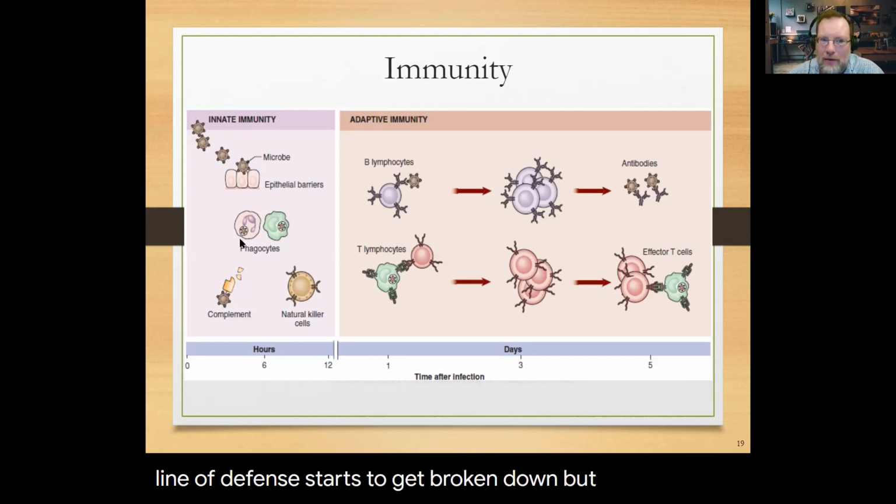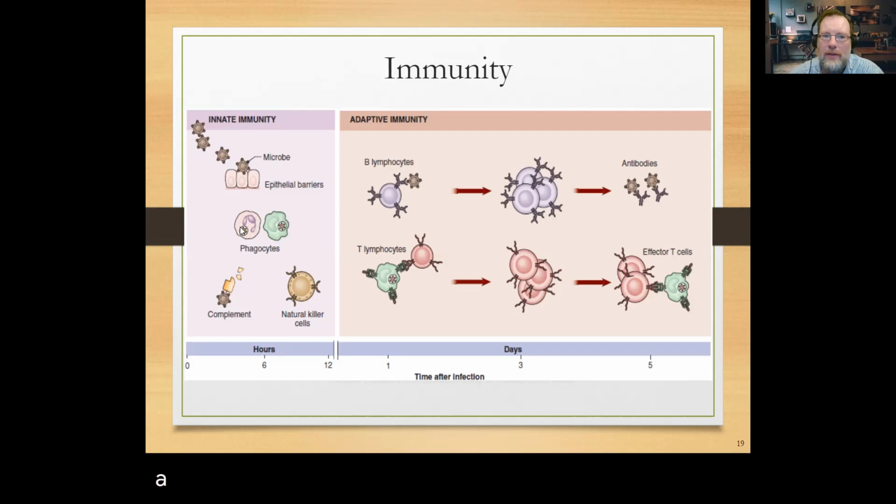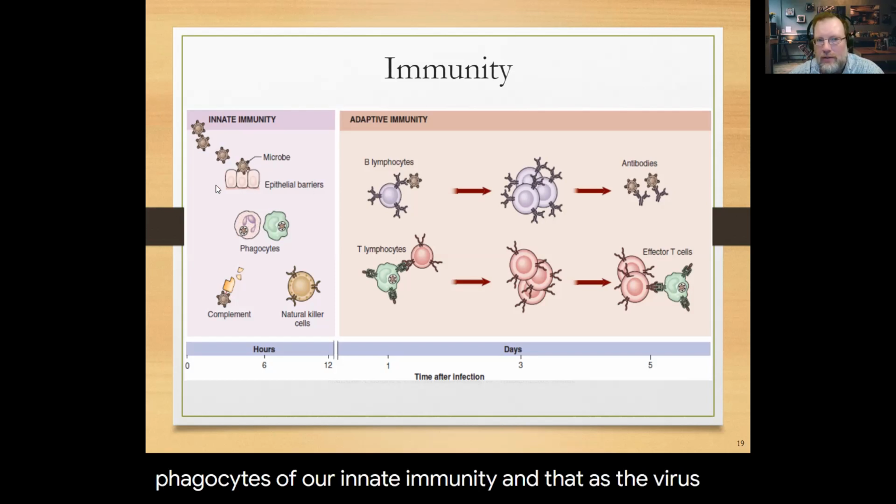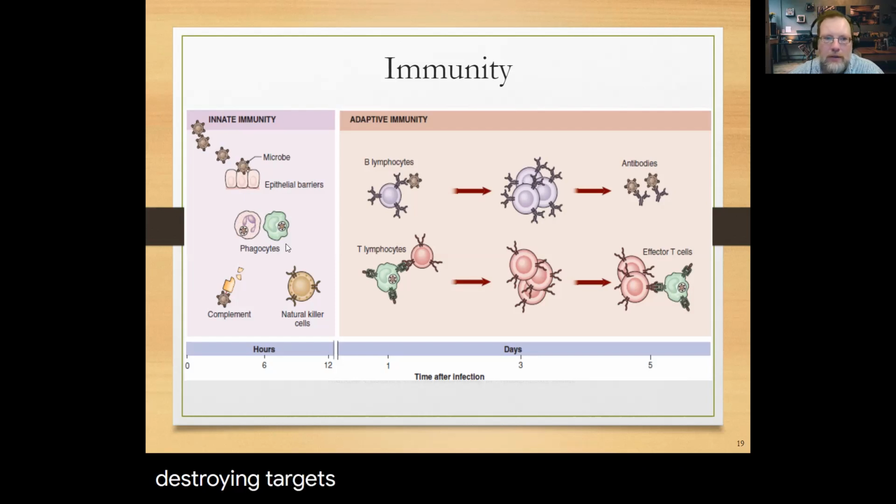But the phagocytes, also part of that first line of defense, and that innate, now we're into the second line of defense. The phagocytes of our innate immunity, as the virus is destroying target cells, will kind of clean things up, and the flu virus is still maybe going to be around after a couple of days. However, the target cells have not been replenished.